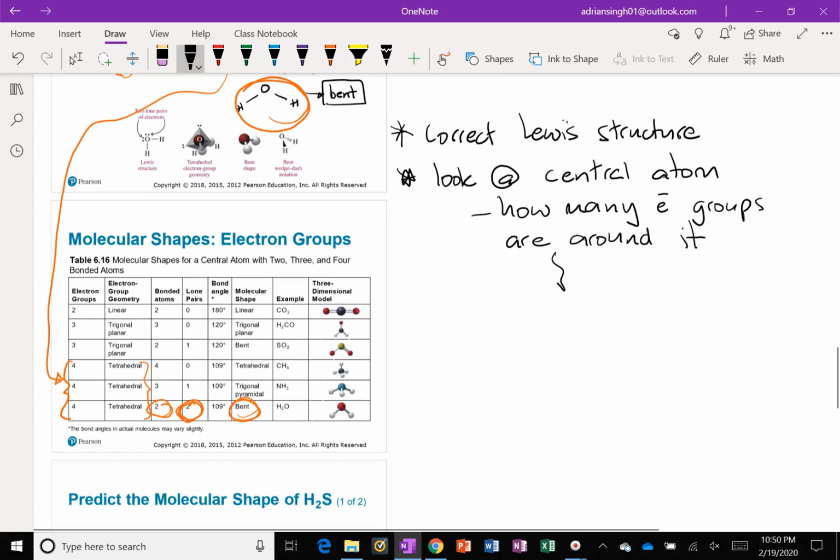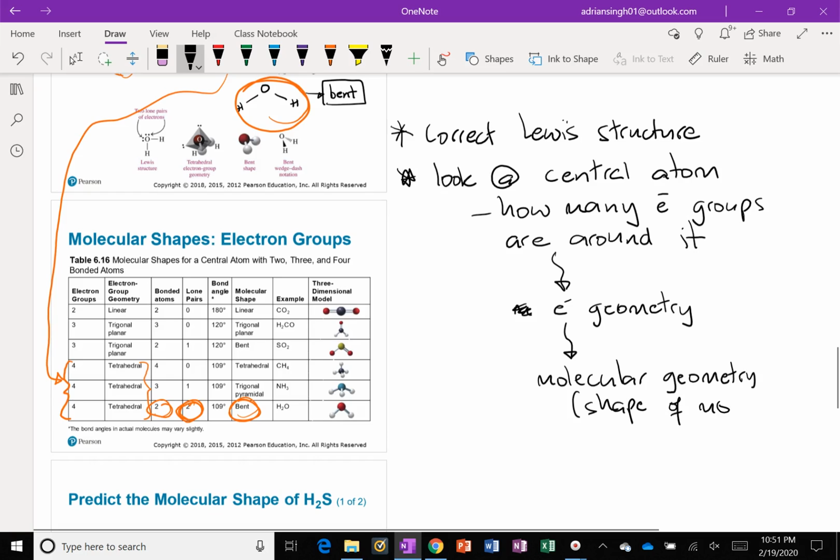All right, and then we're going to use that to determine eventually the electronic geometry, right? How those electron groups are going to be arranged, and then finally the molecular geometry, which is just, again, a fancy word of saying the shape of the molecule.